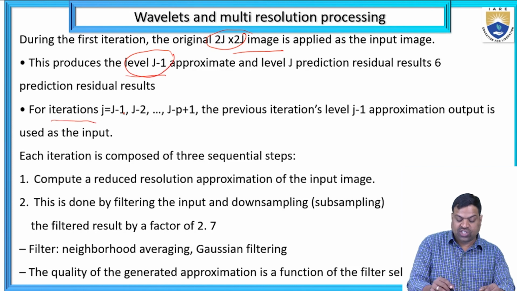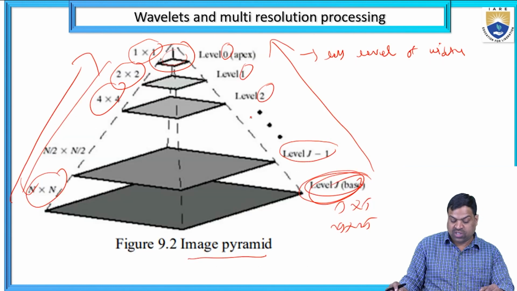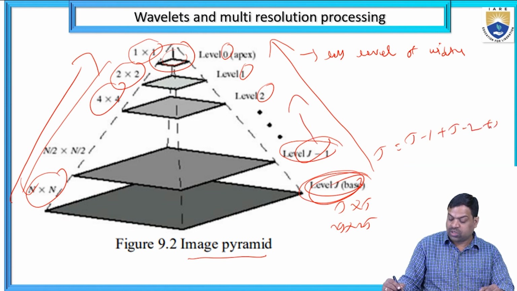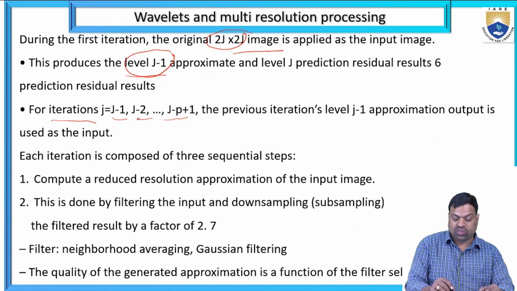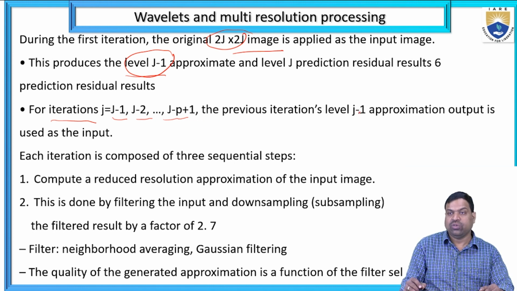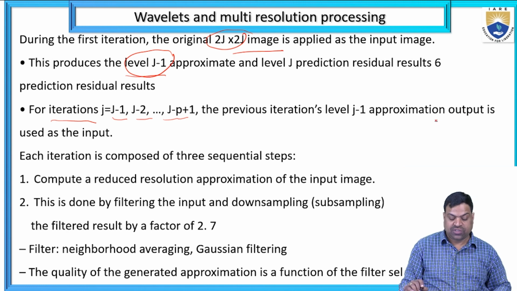For iterations J minus 1, J minus 2, and so on up to J minus P plus 1, the level J minus 1 approximation output is used as the input.